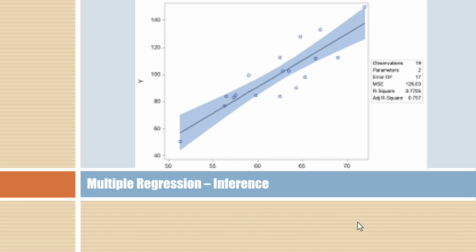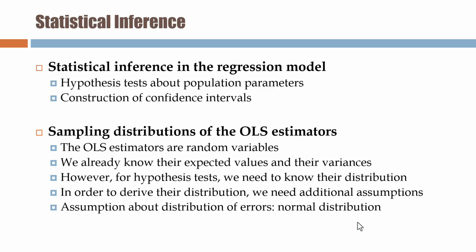Okay, this chapter is multiple regression, but here we will talk about inference. Statistical inference, we already know. When we collect a sample, we estimate our population mean using the sample mean, right? So we try to infer what the population mean would be. What we calculated from the sample is actually the sample mean.